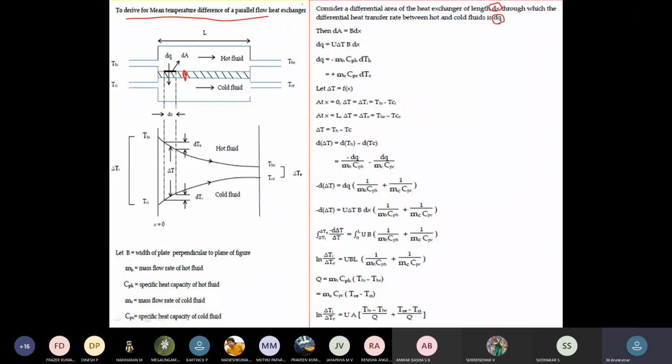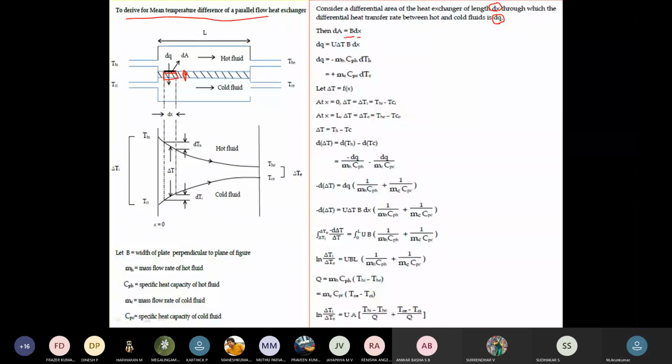So if that is the case, we can have dA, that is area, equal to B into dx. If you take this portion alone, the area of this portion is length into breadth, right? So here we have dx as length, and the breadth we have B. So the change in area will be B into dx.